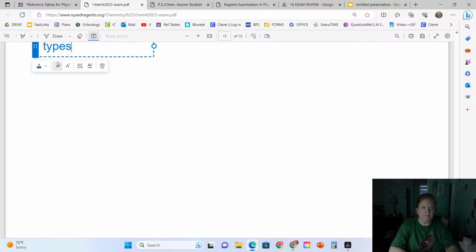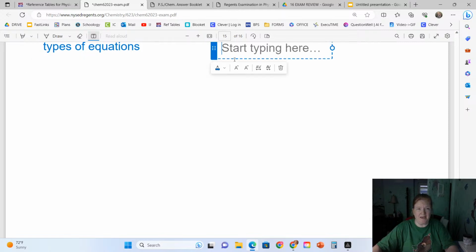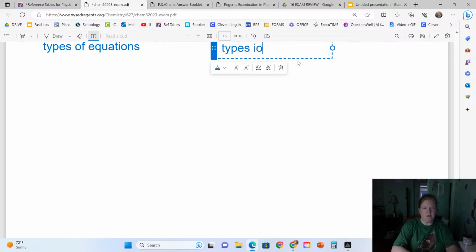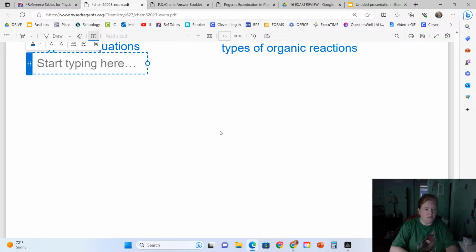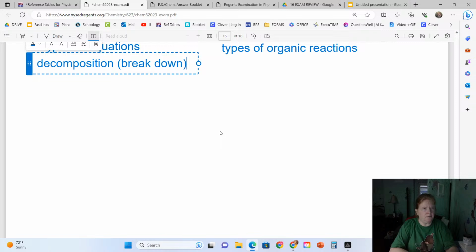So we have types of reactions, and then we have types of organic reactions, okay? So for the types of equations, we have decomposition. Okay, when things decompose, they break down, right? So decomposition means breaking down.